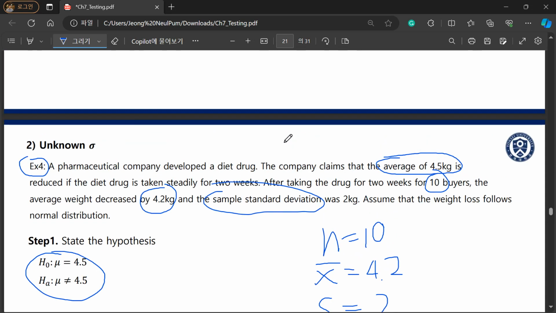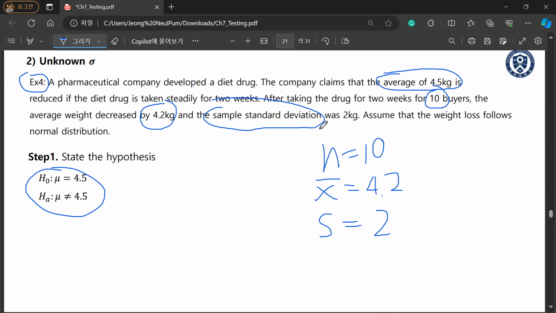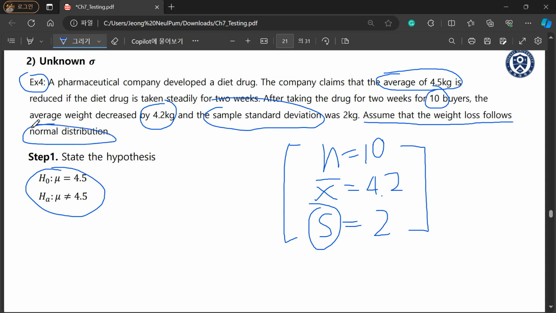So because we don't know the population variance, we have to use this standard deviation here, and then we already know that the statistic follows the t distribution. So let's start, making sure that the population follows the normal distribution.